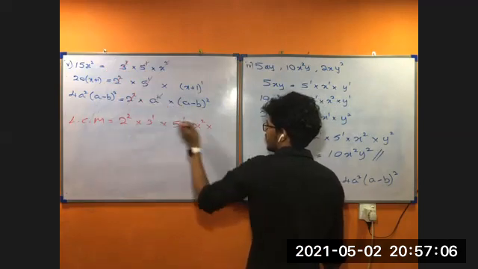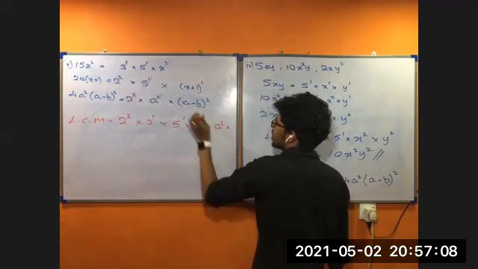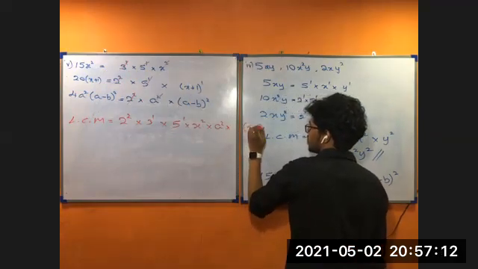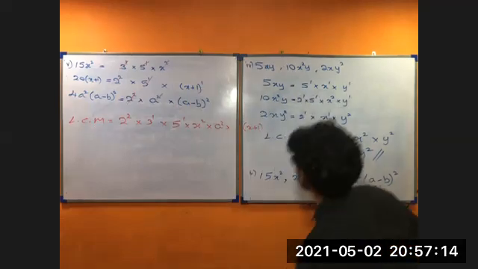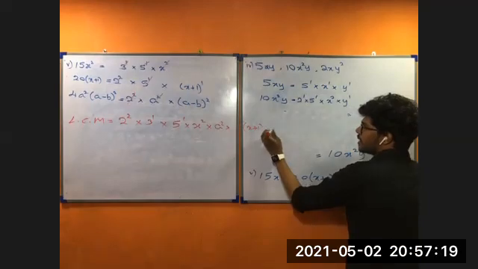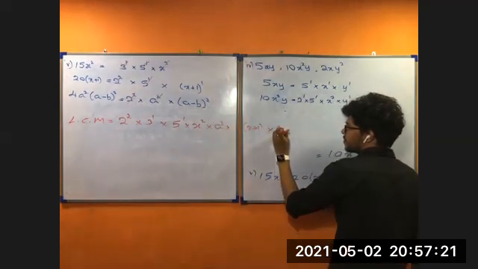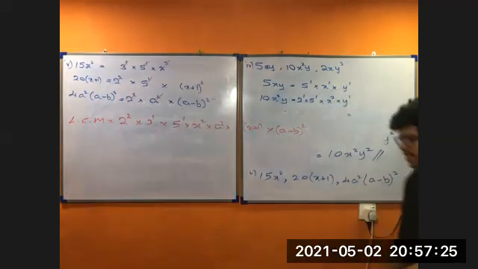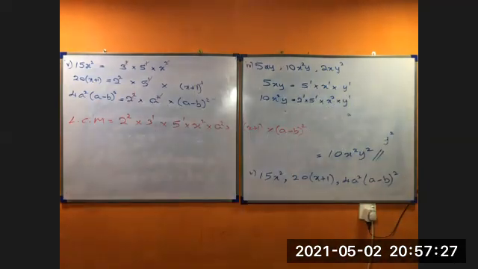Highest power of a squared multiplied by highest power of x plus 1. It is x plus 1. And multiplied by highest power of a minus b whole thing squared. So you have to write each and every term, right, when finding the LCM.